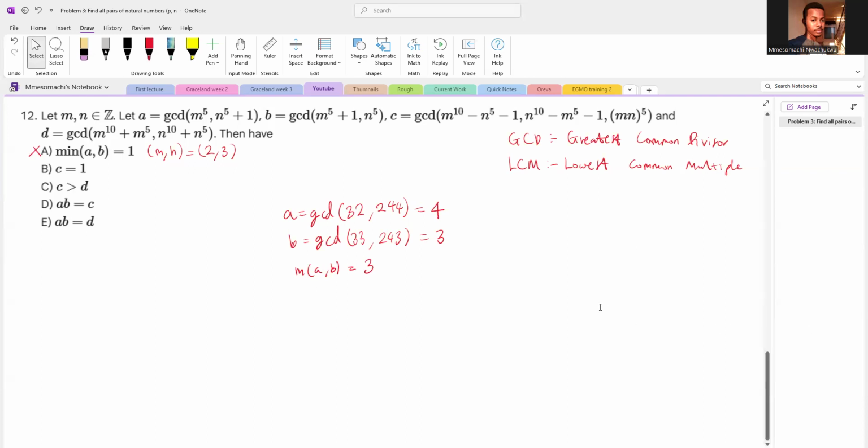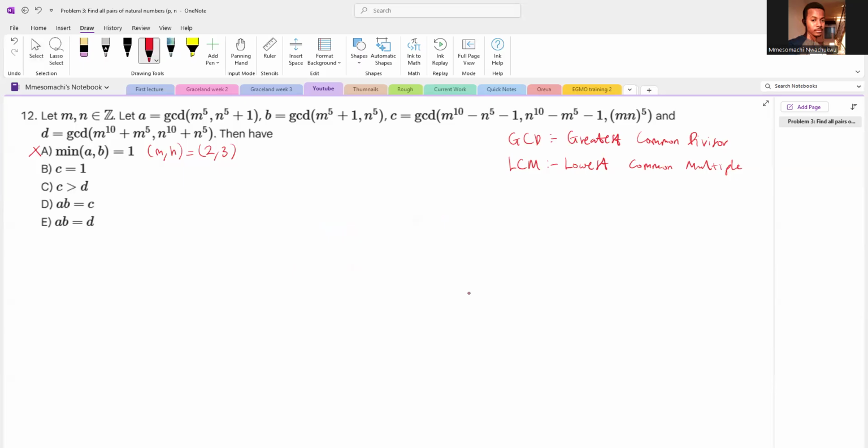So let's look at option B. Option B, we have C is equal to 1. What counter example can we find? If we consider M and N to be 1 and 2, let's evaluate this.